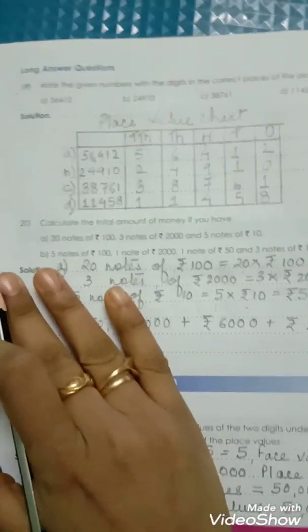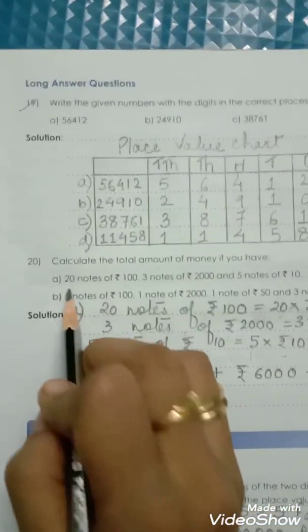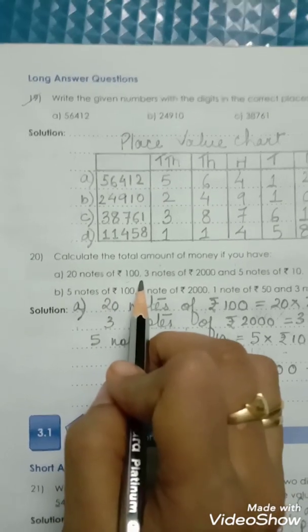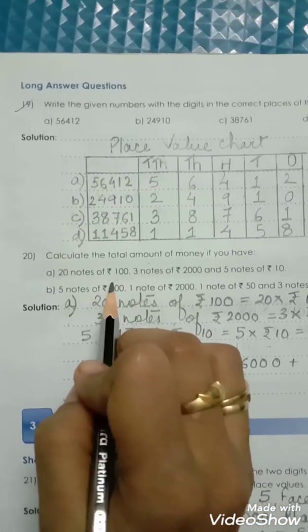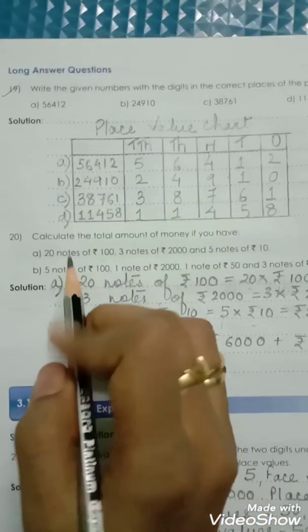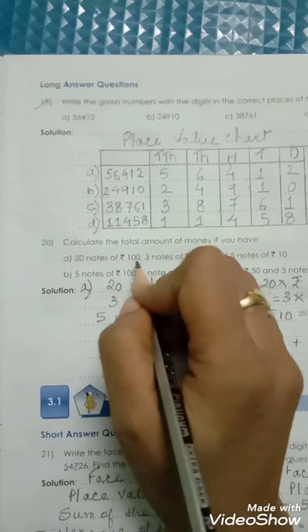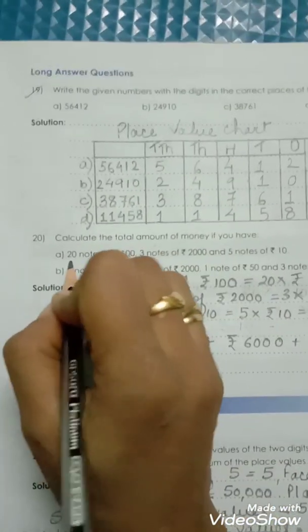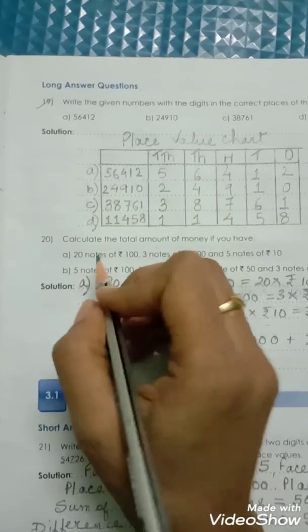So what you have to do? You have to calculate the total amount if you have 20 notes of rupee 100. 20 notes of rupee 100 means you have how many 100 rupee notes? 20. That means what is the total amount you have?